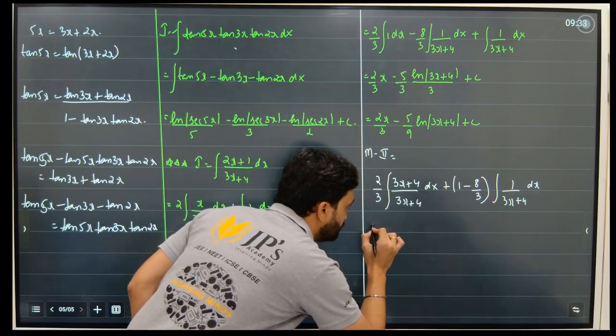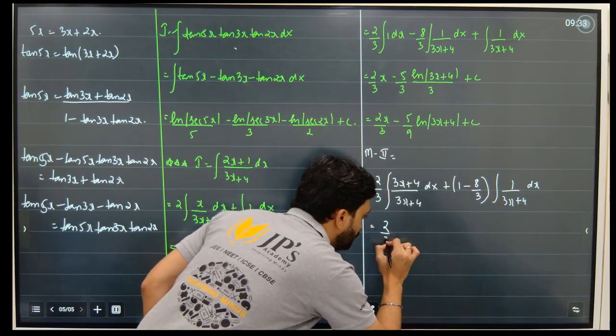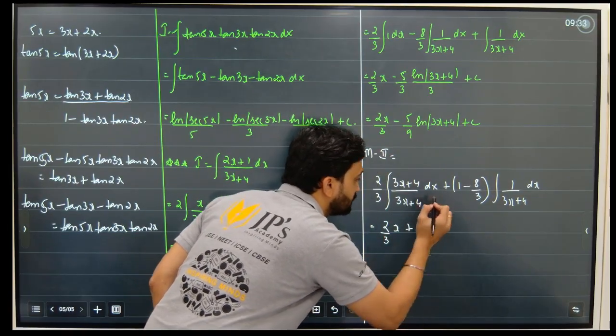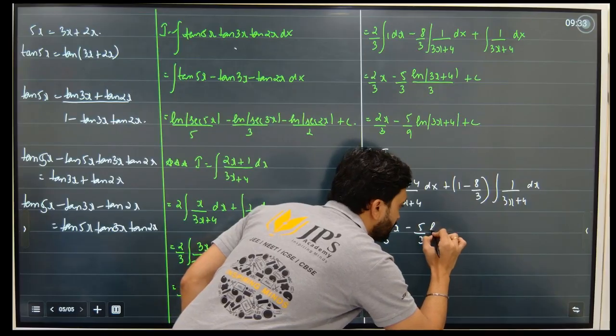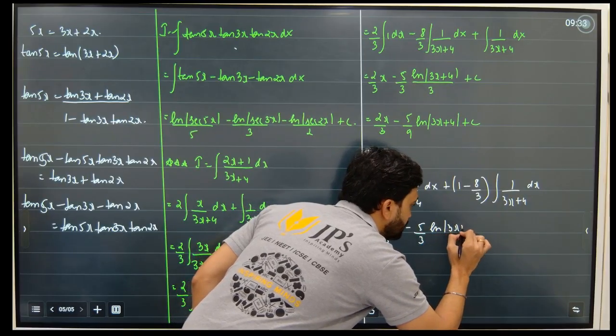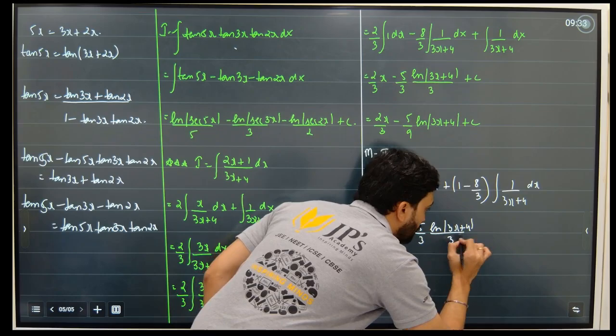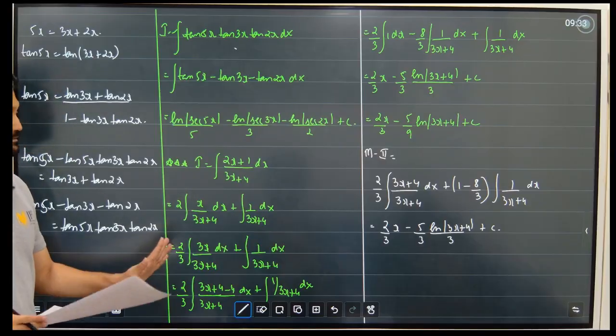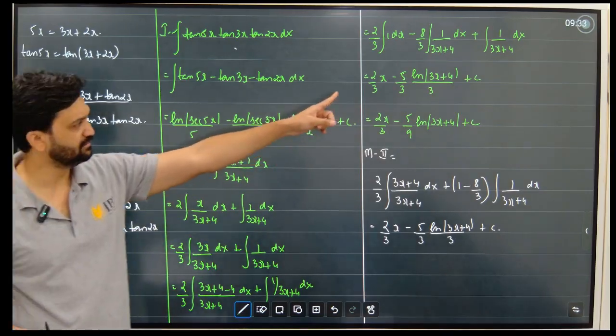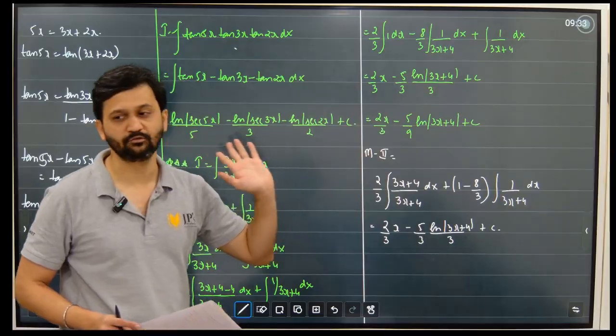So my final answer would become 2 by 3 x plus, this will become minus 5 by 3 ln (3x plus 4) upon 3 plus c. You have got exactly the same answer. Just multiply this and you'll get the answer.